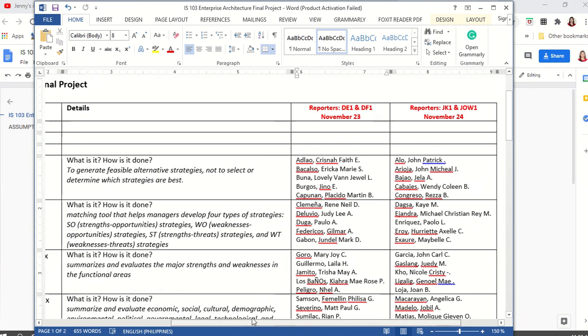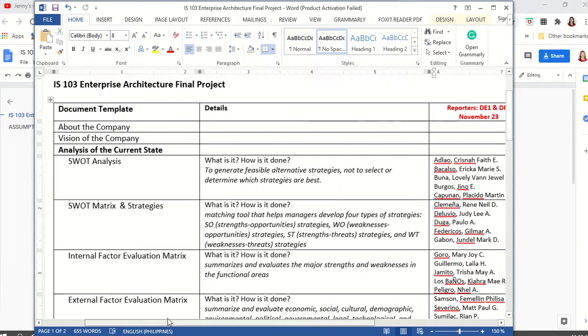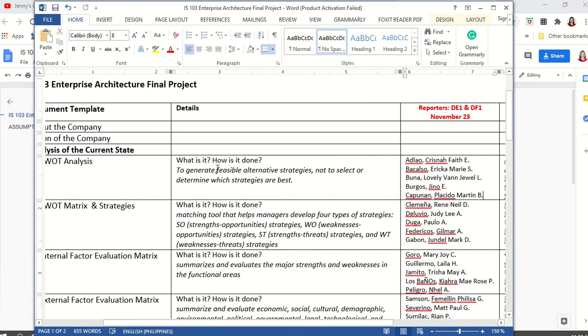Okay? So for the SWOT analysis, when we say SWOT analysis, this will help us generate feasible alternative strategies, not select or determine which strategies are best. All right. For the SWOT matrix and strategies, what is it and how is it done?